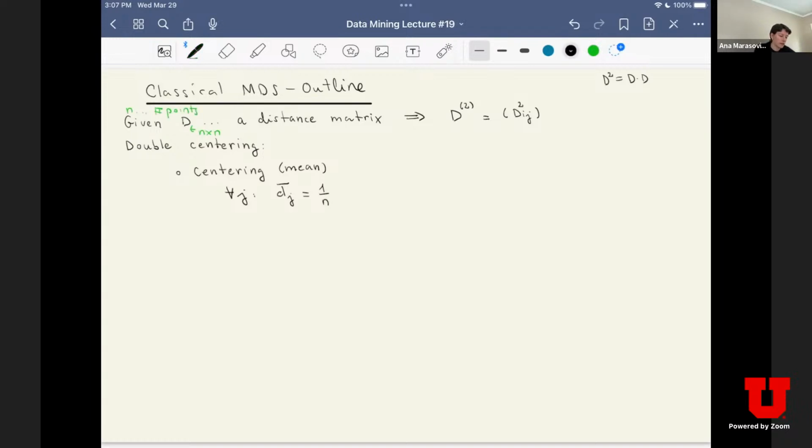We calculate the mean of column j as a sum from i equals 1 to n of every element in D2, so Dij squared. This is the mean of the jth column.